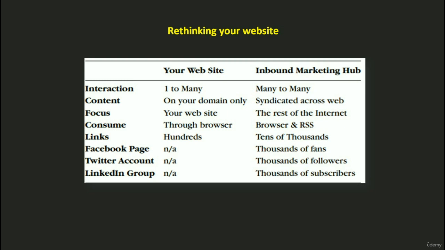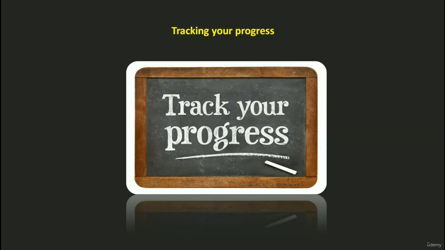As for focus, with your website only, the focus is on your site, but with inbound marketing, the rest of the internet is searched. For consumption, your website is consumed only through a browser, while inbound marketing has browser and RSS. For links, your website will show hundreds, and inbound marketing has tens of thousands. And for a Facebook page, Twitter account, and LinkedIn group, your website has none available, but inbound marketing has thousands of fans, thousands of followers, and thousands of subscribers.